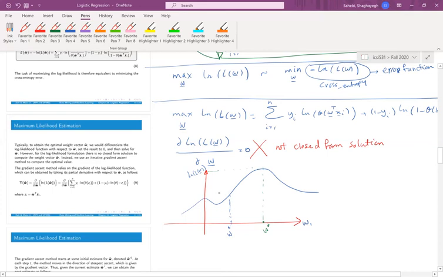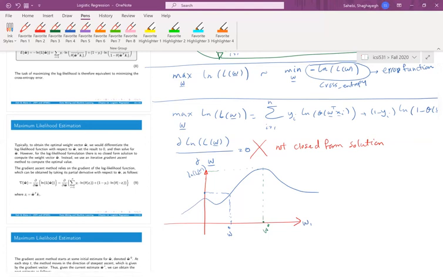And then I calculate the value of ln of L(W) for that W. Now, in the next step, I would like to update my W0 such that I get a better, higher value for ln of L(W).